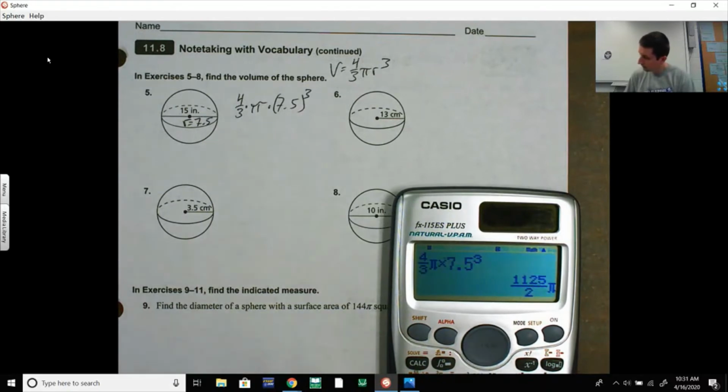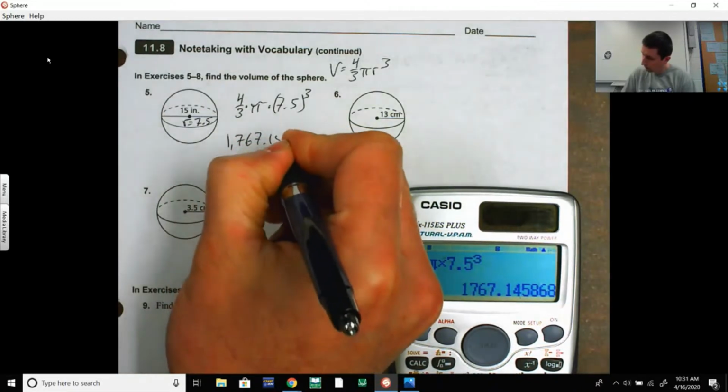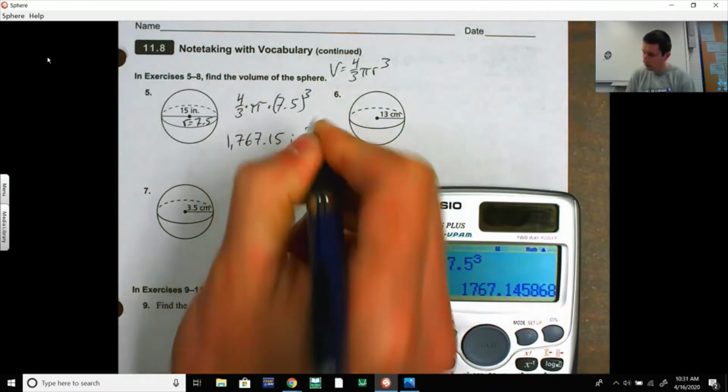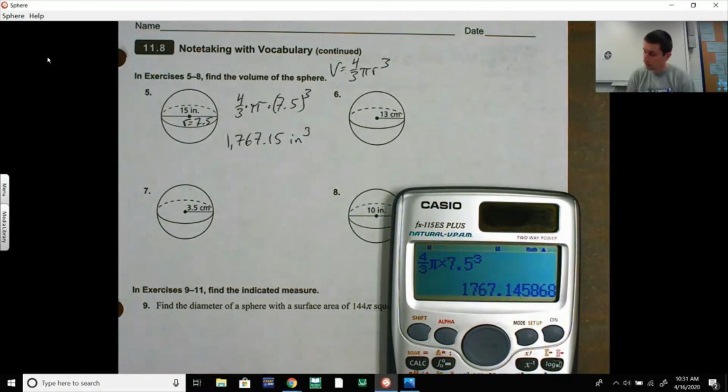And I get 1,767.15 cubic inches. I wonder how many cubic feet that would be. Well, in 1 cubic foot, there would be 12 cubed cubic inches.